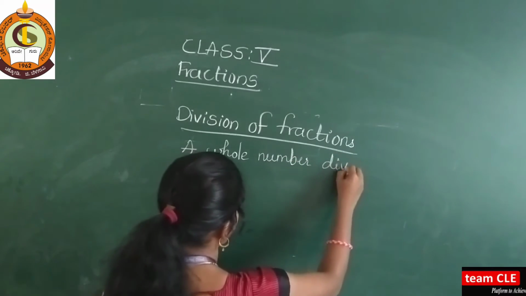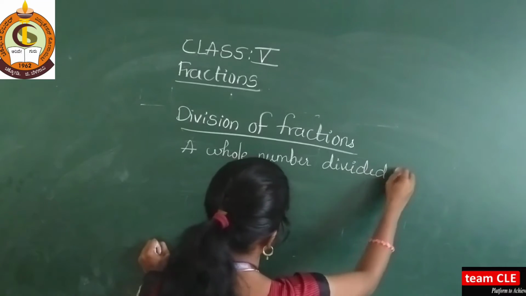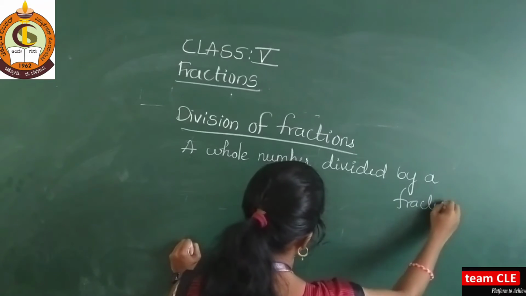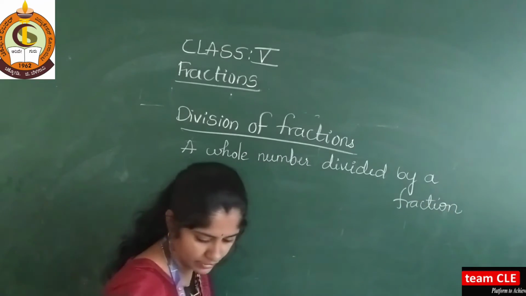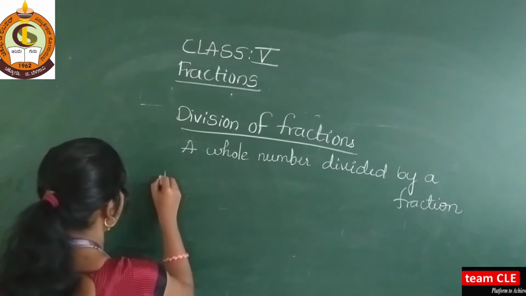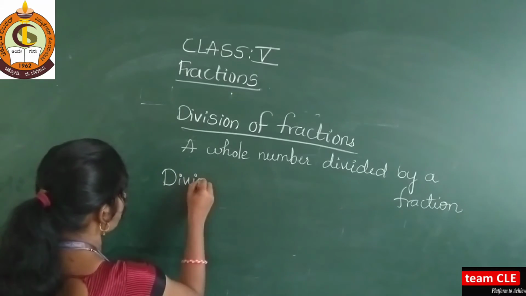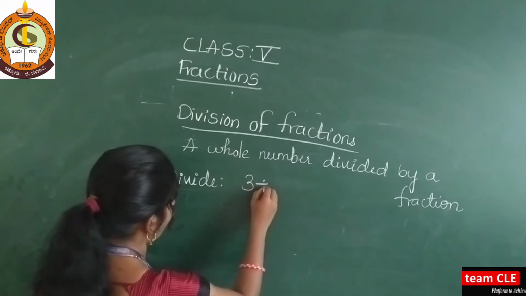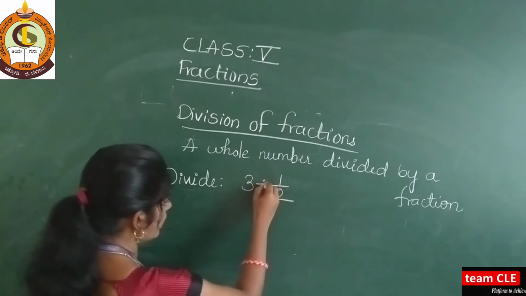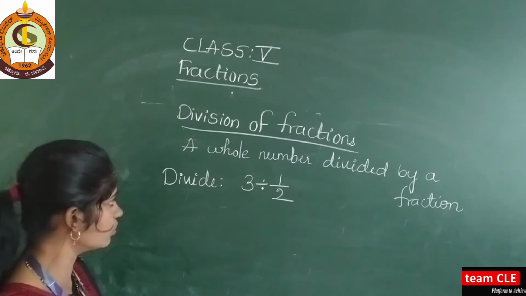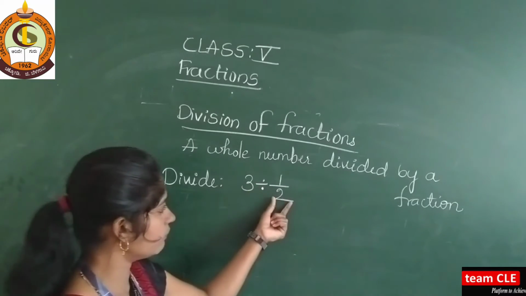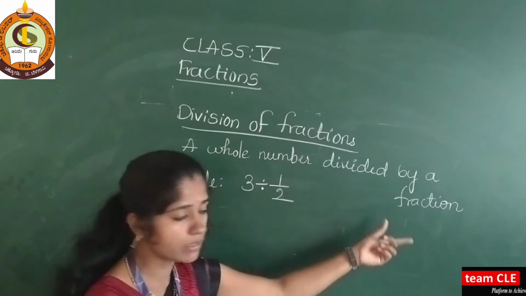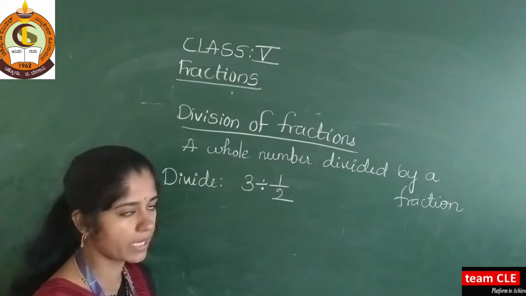I will take one example so that by example you come to know what this is. So here I will divide 3 by 1 by 2. 3 is a whole number and 1 by 2 is a fraction. So here a whole number is divided by a fraction.